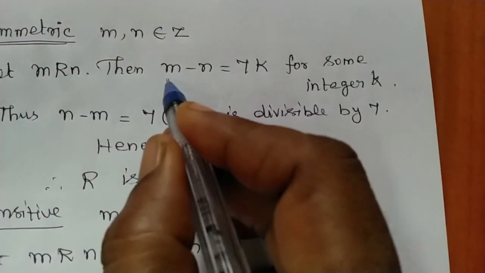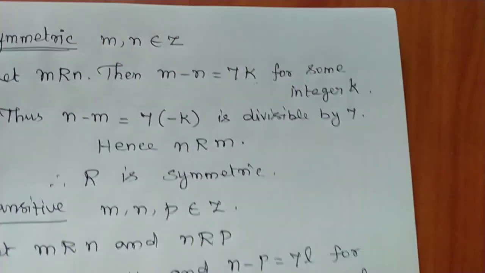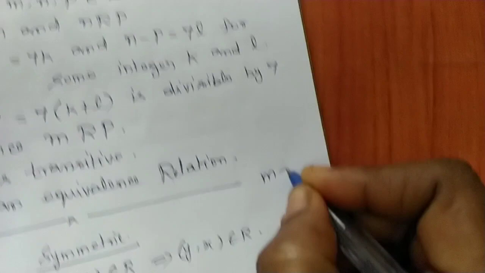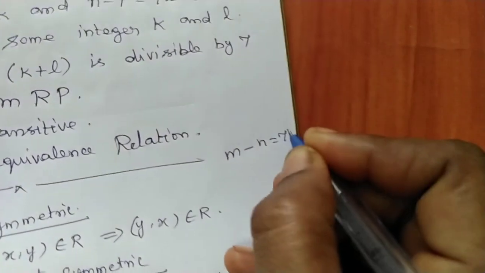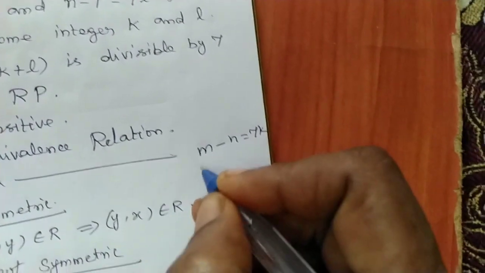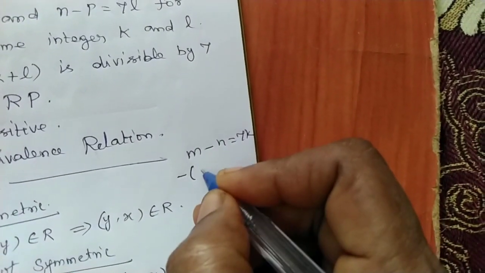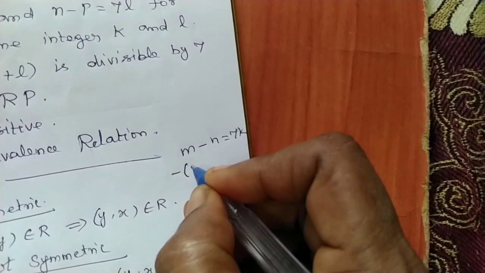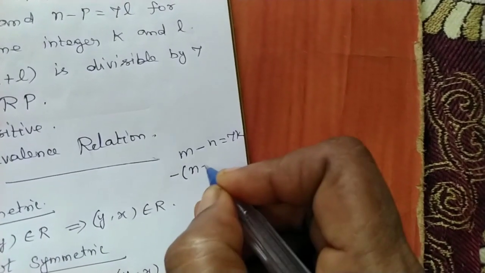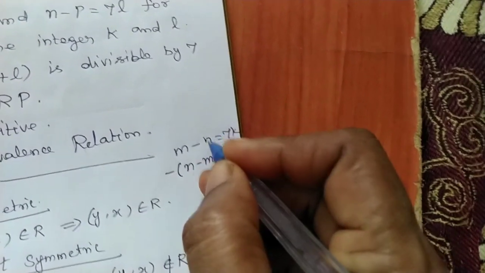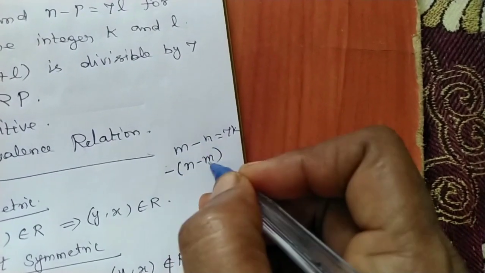Here m minus n equals 7k. Now take the minus common, that is minus (n minus m). Take the minus common means here positive, here negative.